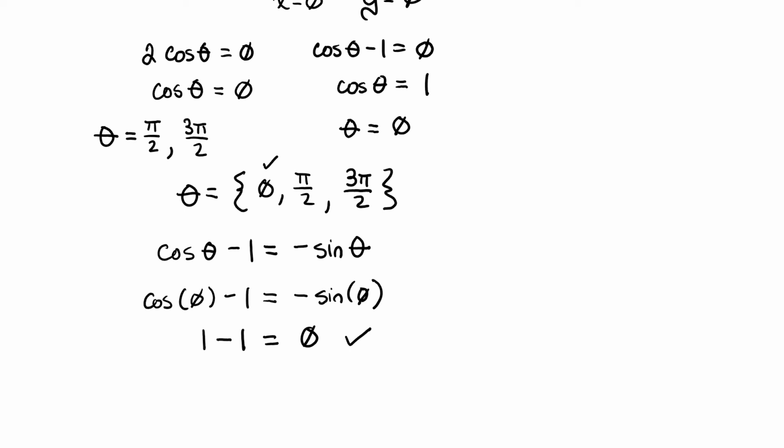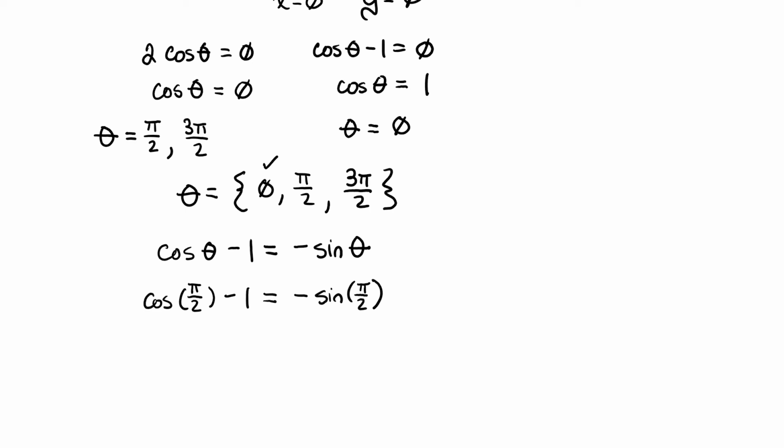Now we're going to go back and check, instead of 0, we're going to plug in pi over 2. Now this is necessary because not all solutions may work. It could be the case that all three values check out, but this is not always the case, and we need to know that all three solutions are valid.